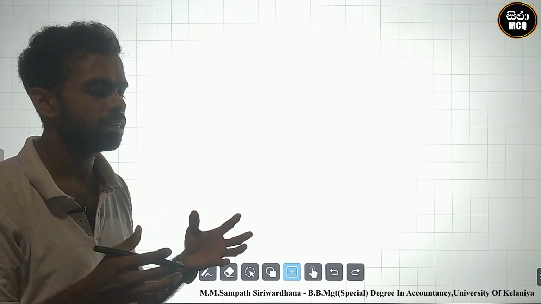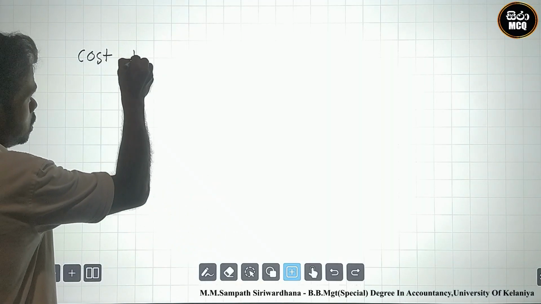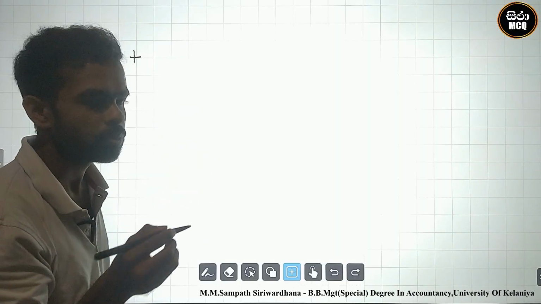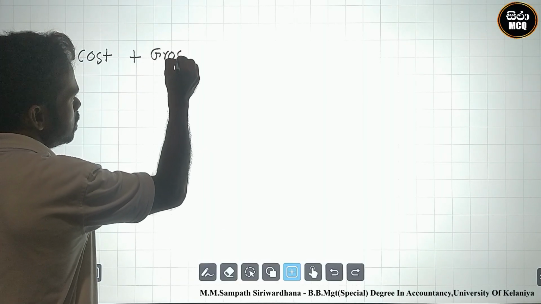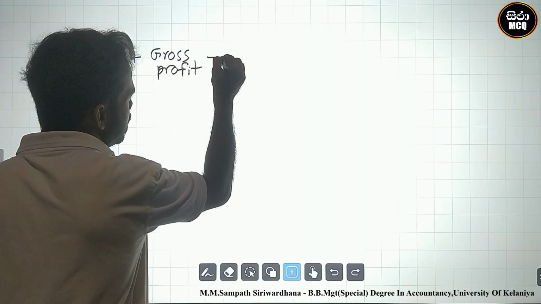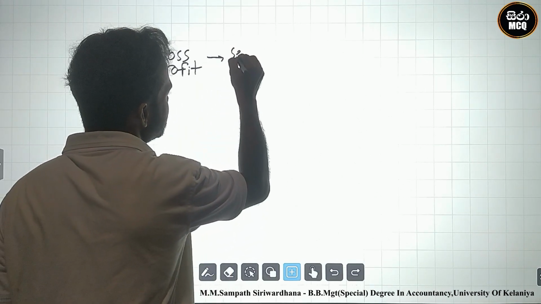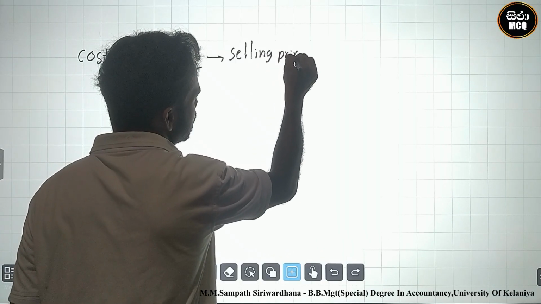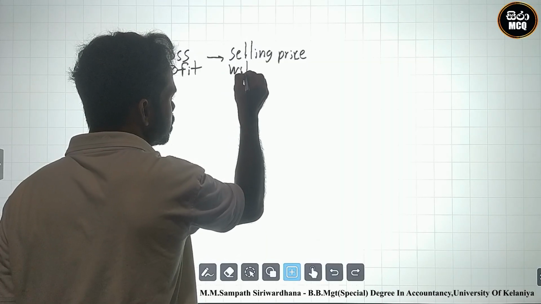You are the selling person. This is the cost, we add profit. Profit means net profit or gross profit. We add gross profit to cost. Then we prepare the selling price without VAT.